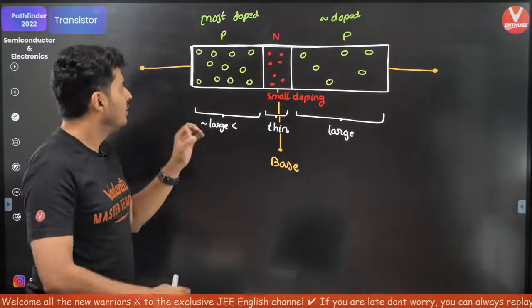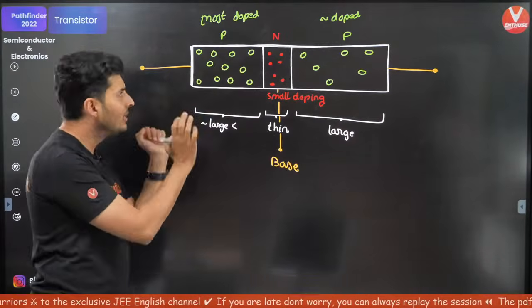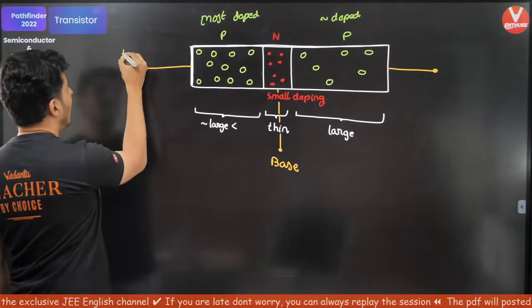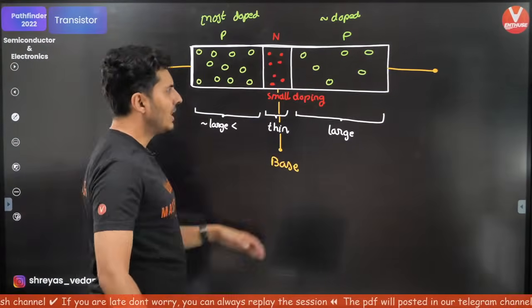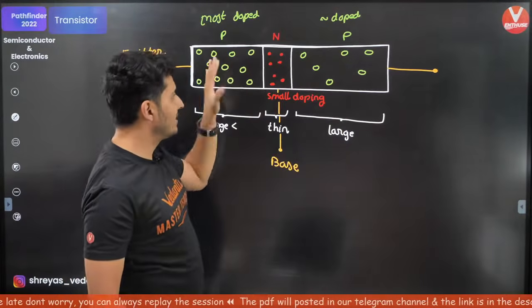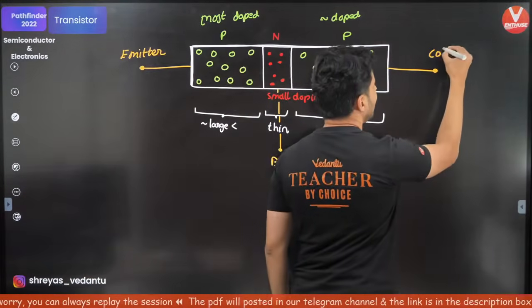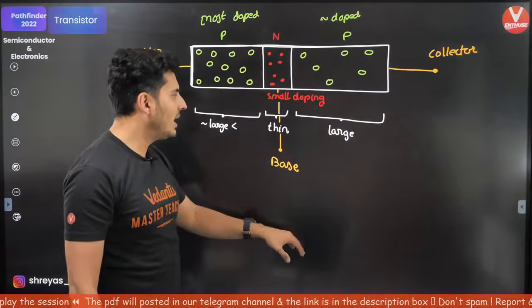The one which is heavily doped and decent in size is called the emitter. And the one which is big in size but not as heavily doped as this one is called the collector. Very, very important. Emitter, base, collector.